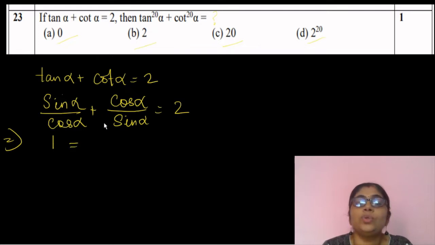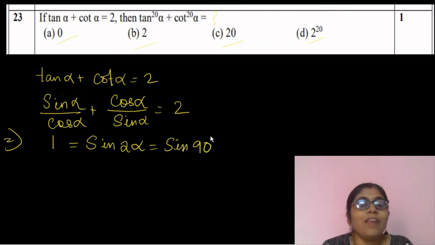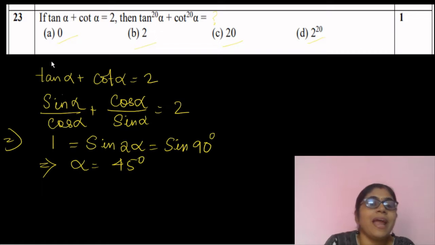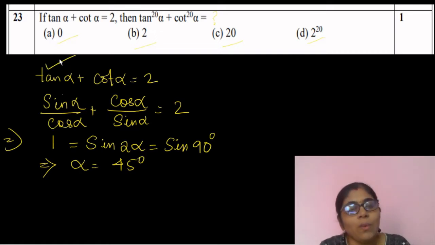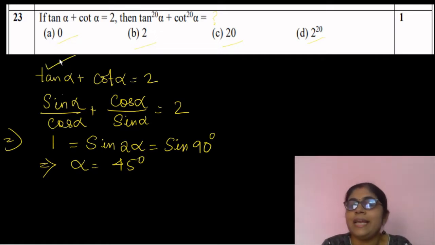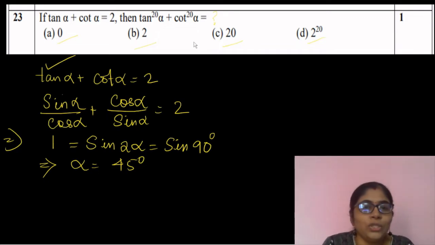This equals 2 cos alpha sin alpha, which is sin 2 alpha. What is 1? 1 is sin 90 degrees. So 2 alpha is 90 degrees. So alpha is equal to 45 degrees. And tan 45 degrees is equal to 1, and cot 45 degrees is equal to 1. So 1 plus 1 equals 2.